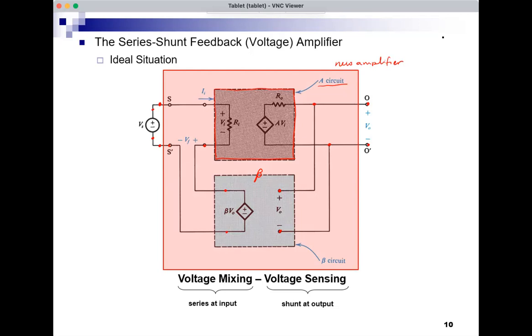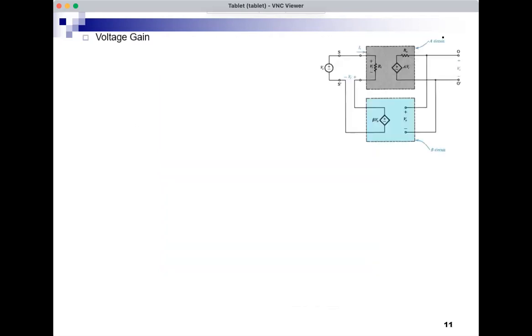I also want to find the input resistance of the red new amplifier and the output resistance of the red new amplifier. So this is my feedback system with the original A inside the gray block. And this is my new amplifier with feedback. I want to find its voltage gain now, which is Vo over Vs.